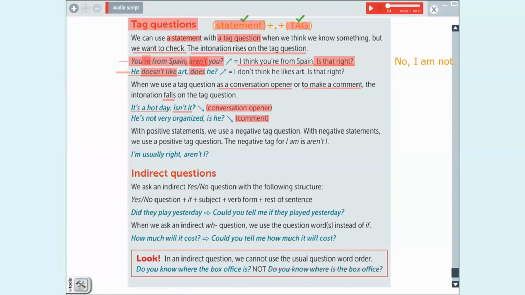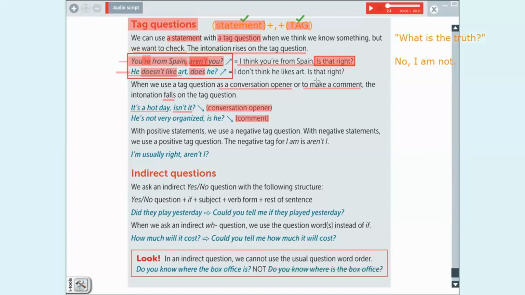Is it better to use "is that right?" or "isn't it?" in the answer?